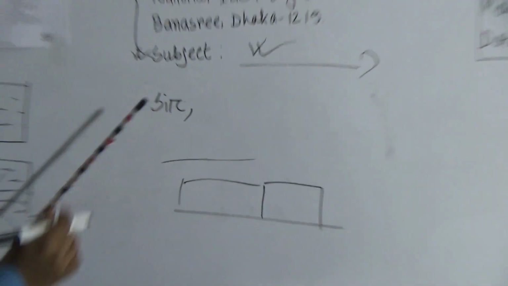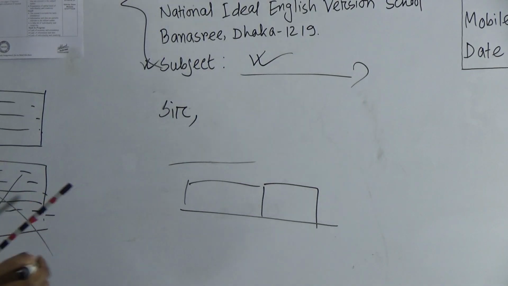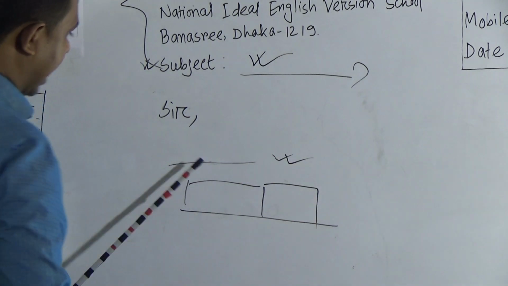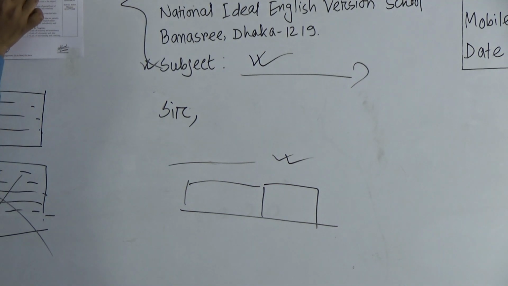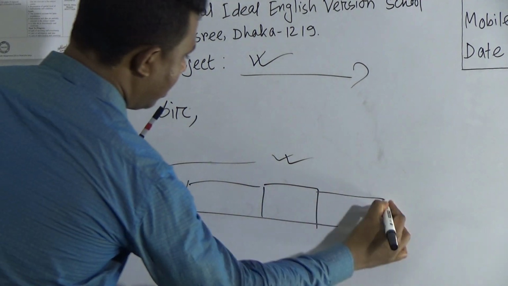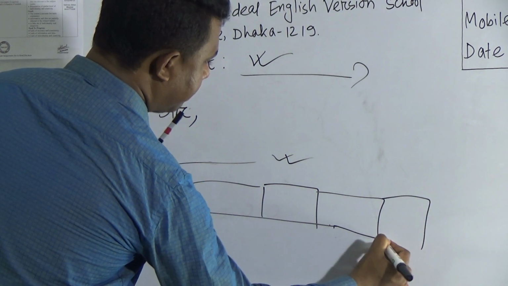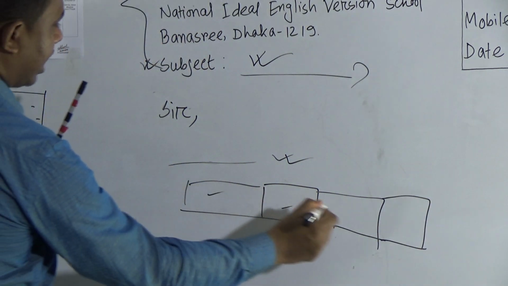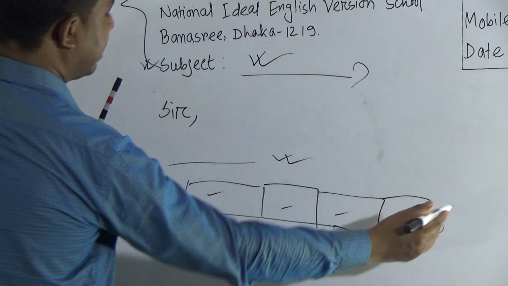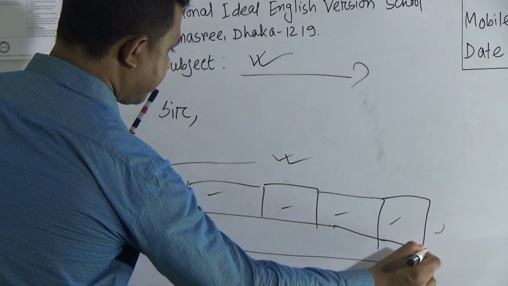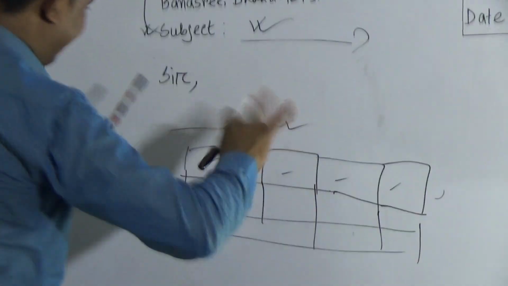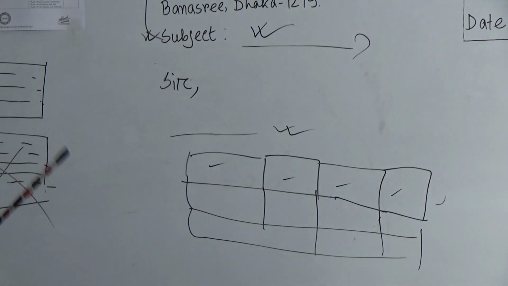Students, I told you that after writing sir, you will write what I told you a few seconds ago, and after that, you will show the instructions here. That means you will show the civilization's name, location, pattern, cultural importance, commercial importance, everything. That means you will have to make a lot of tables, and after writing all this, you will have to show the similarities and dissimilarities of the culture of ancient and present Bengal.